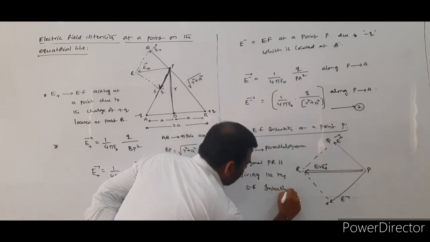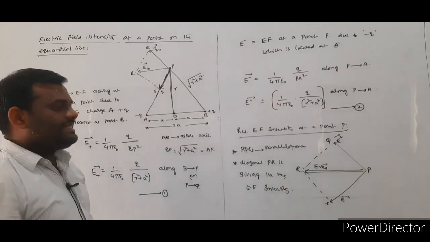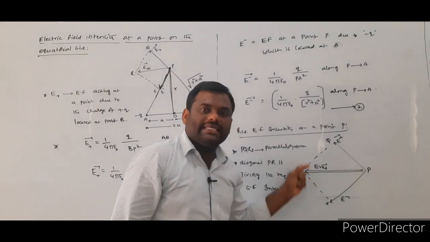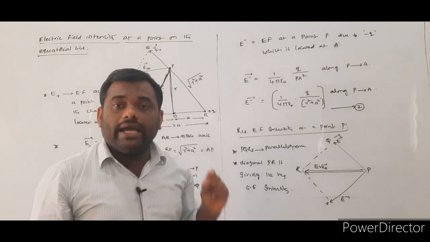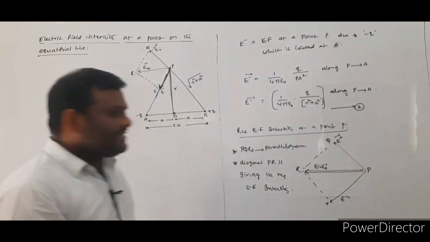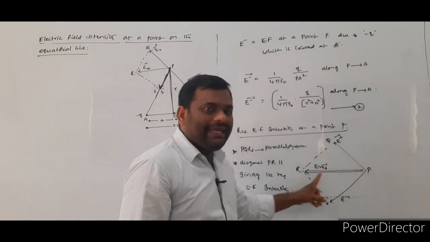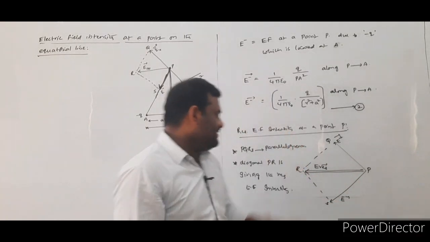That is, E resultant will be given by the diagonal of the parallelogram. See here, PR will be giving the resultant electric field intensity.